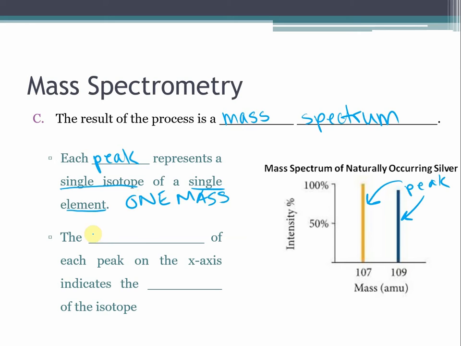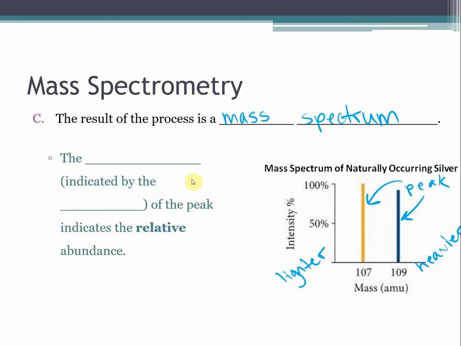The location of each peak on the x-axis indicates the mass of the isotope. So heavier things with a higher mass will end up over on the right because they did not bend as far when they passed through the field. And lighter things with a lower mass will end up on the left.